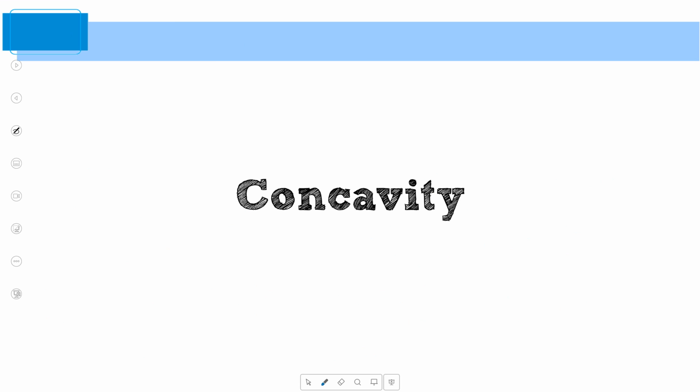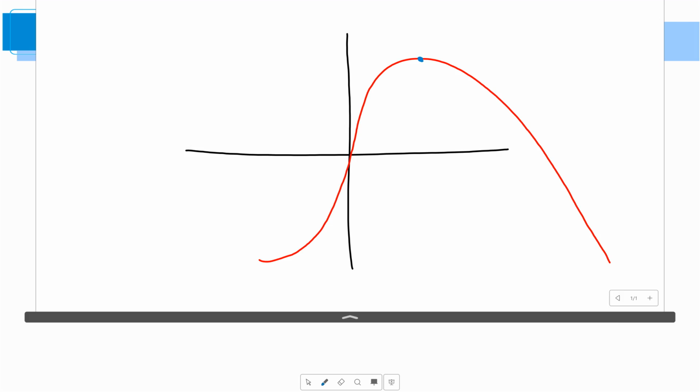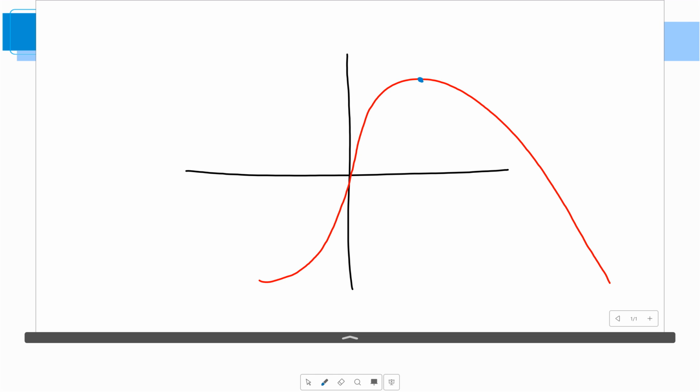Okay, so concavity. That's our next step in the evolution. So let's go back to your picture. You'll notice the curve has different shapes. The easiest way to recognize this is to think about a parabola opening up or a parabola opening down.